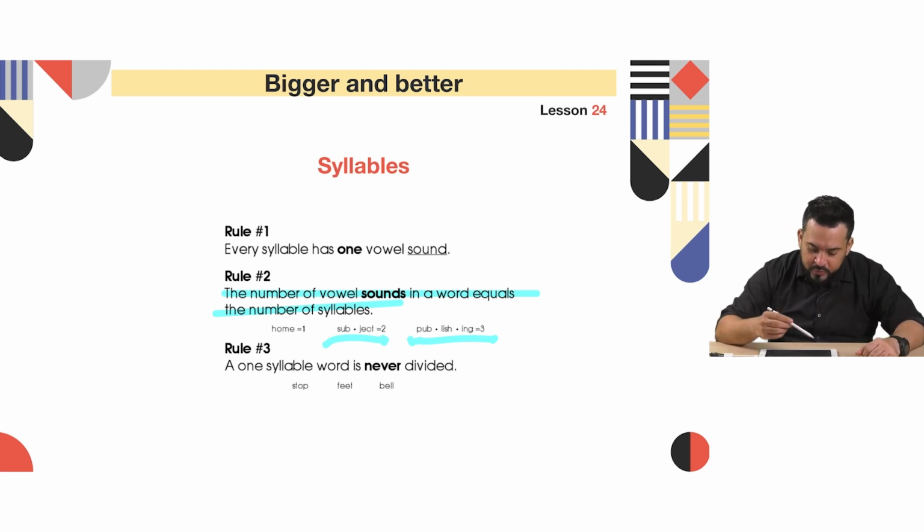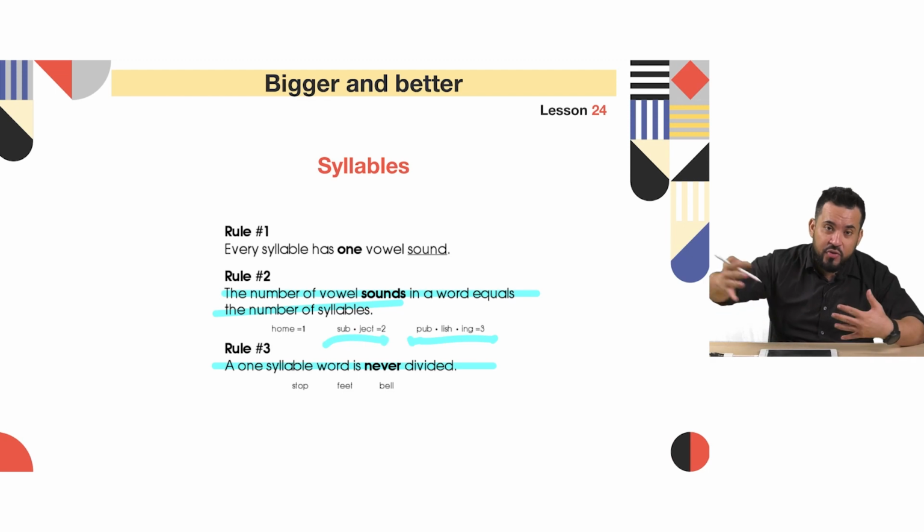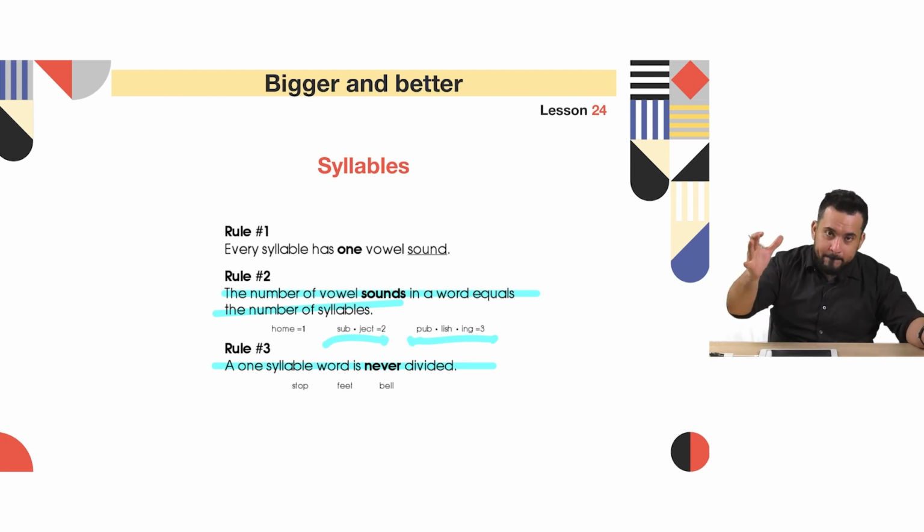Rule number three: a one-syllable word is never divided, because it only has one part. There are no divisions because there's only one part, like stop.